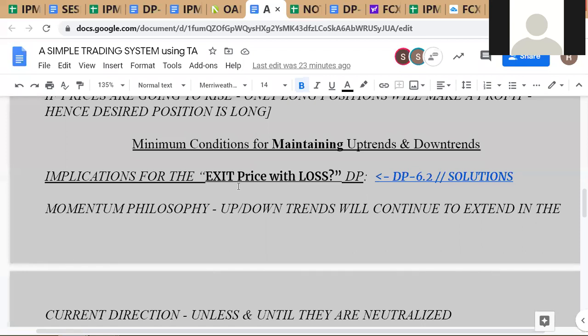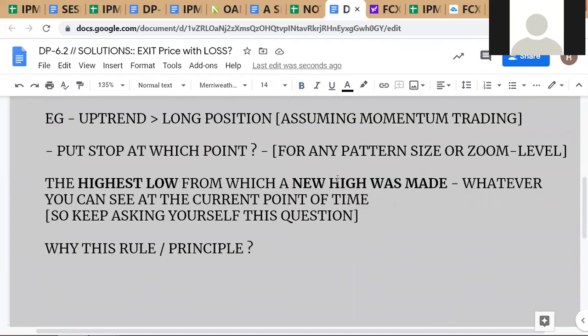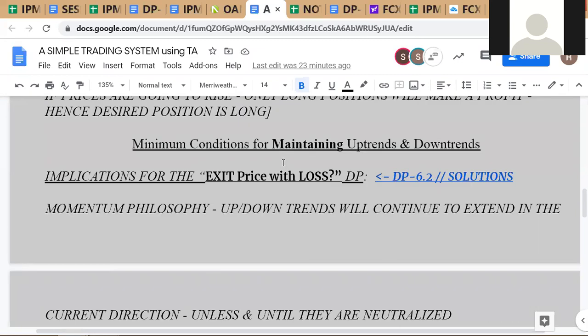So that's essentially the condition for maintaining the uptrend. If you have gone long as a momentum trader and the condition for maintaining the uptrend is destroyed, I should exit. So this is why I wrote this rule or principle.